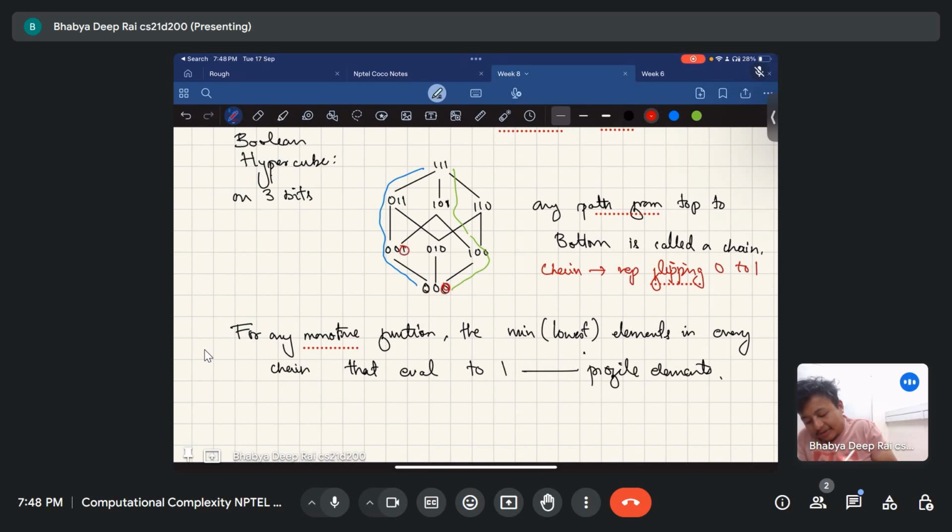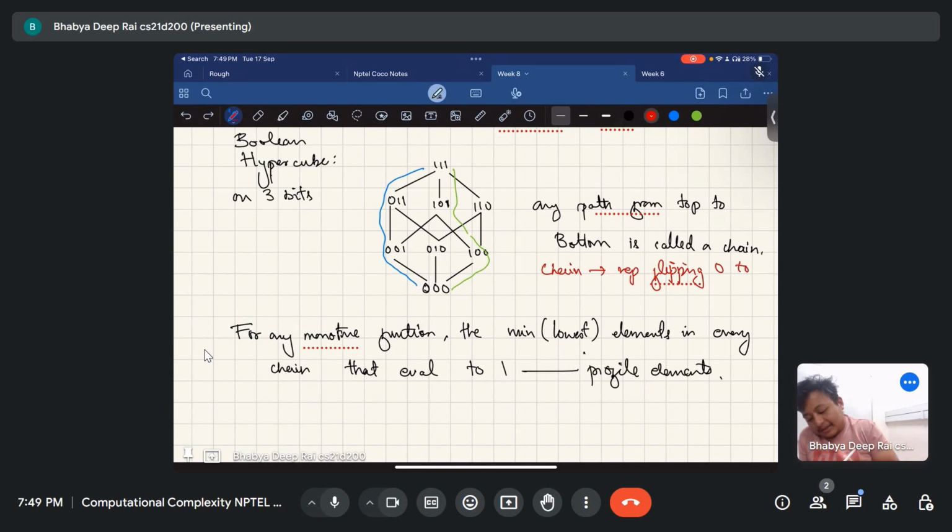Going up the blue chain, then I'm flipping the second bit from 0 to 1, and then to 1 1 1. Similarly, in the green chain, the first bit is flipped to a 1, then the last bit, and then the middle bit. So you can see the chains show all possibilities of flipping bits. So what you do is go to the lowest element in that chain that evaluates to 1. Anything below that does not evaluate to 1.